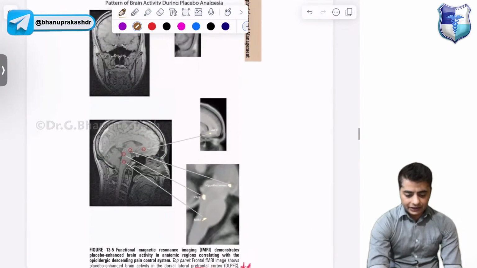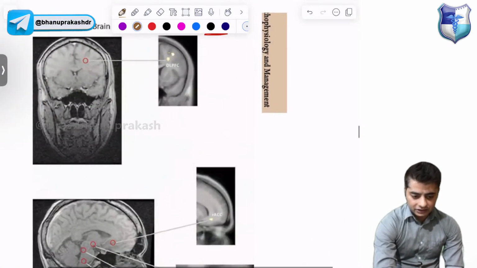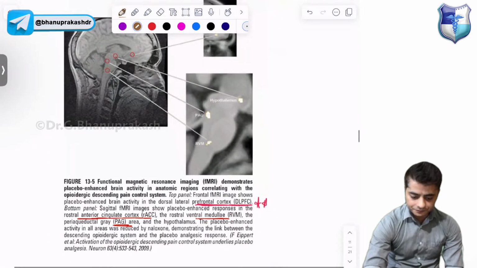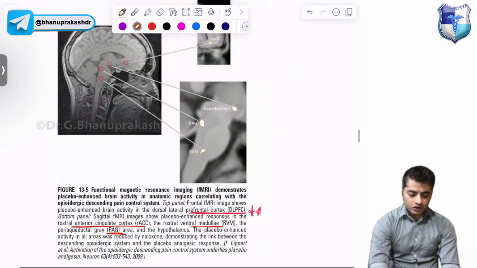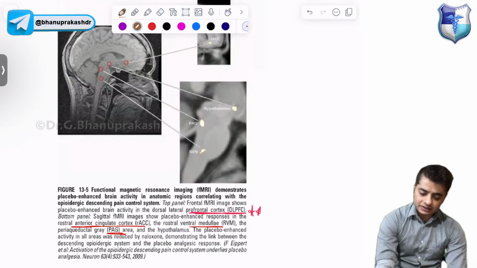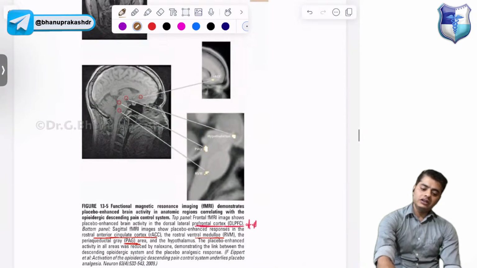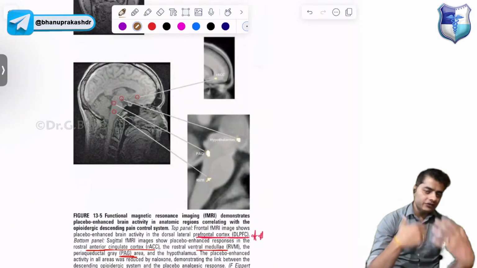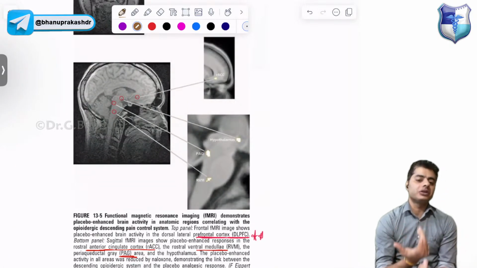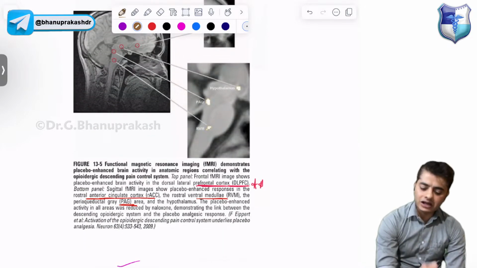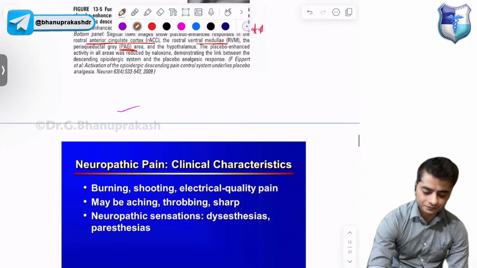First was the dorsolateral prefrontal cortex, this is DLPFC. The other area was the rostral anterior cingulate cortex. Another was the rostral ventral medulla, and another was the periaqueductal gray area. So they found these four areas, and these four areas behave like a pain modulation pathway. So you should remember these areas because there are potential MCQs for the future.